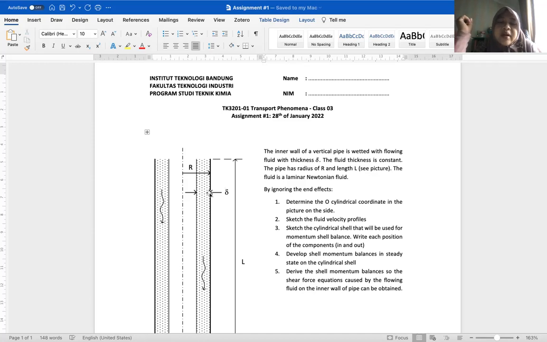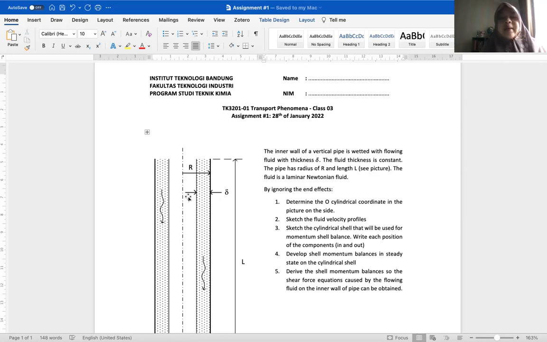The first difference is that this is an open system, but the previous one is a closed system. The second one is the boundary value when we do the integration. Remember, we have to build the thin shell, and after that do the integration, starting from R minus delta to R, for example.